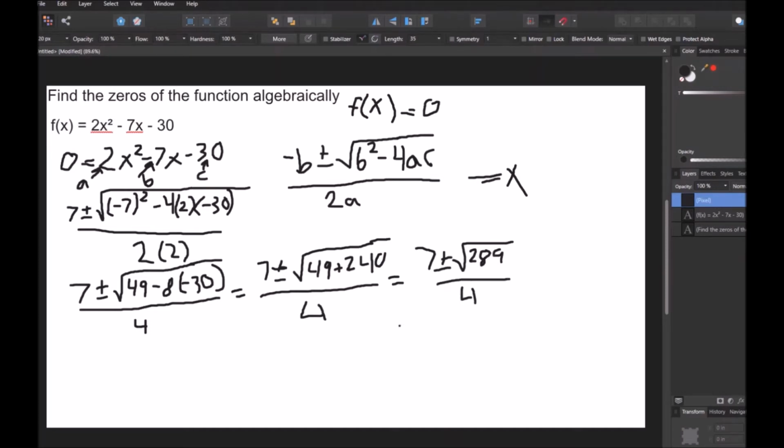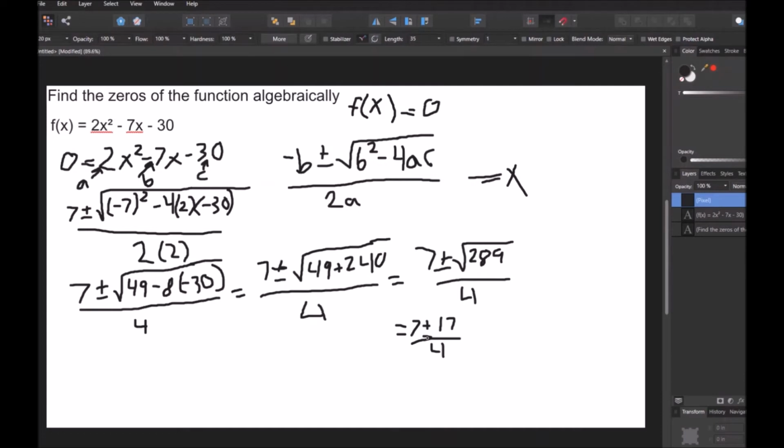The square root of 289 is 17, so we have 7 plus or minus 17 over 4.